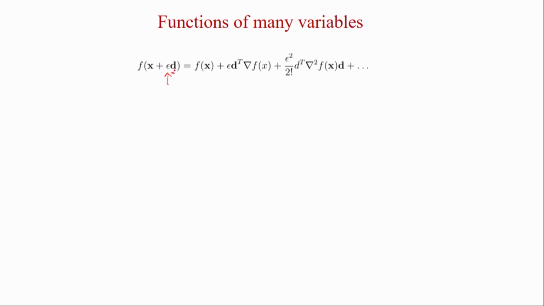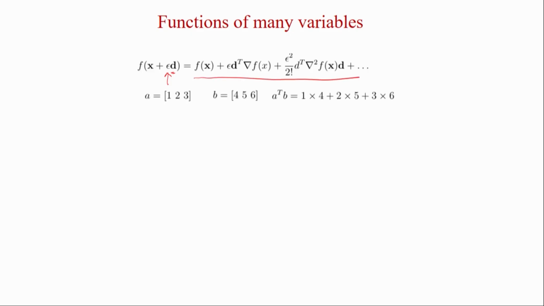Your d is now really a direction, right? So this is a vector. It has both a magnitude and a direction. You're moving in a particular direction. There are multiple directions in which you can move, whereas in the one-dimensional case, it was either left or right. Now you can move left or right in each coordinate, right? And your Taylor series still gives something like this.